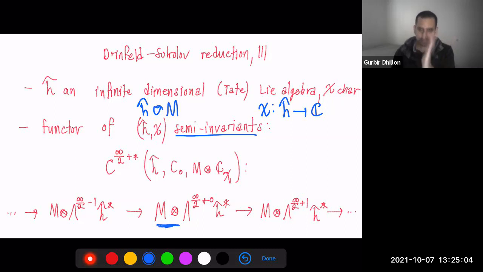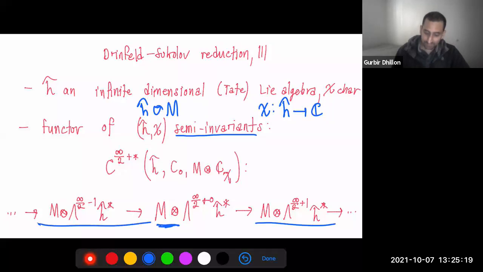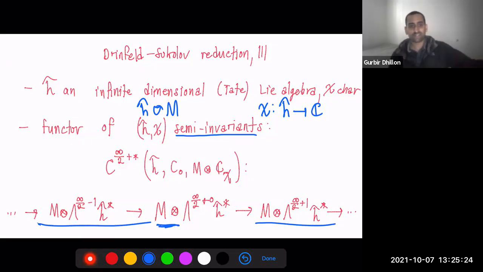It turns out if you take something which is halfway between them, all the problems kind of go away. By problems, I mean, formally speaking, commutation with direct sums, arbitrary direct sums. But anyway, the point is that the complex that computes this semi-invariance, or semi-infinite cohomology, just looks like the finite dimensional complex, but you start halfway through.